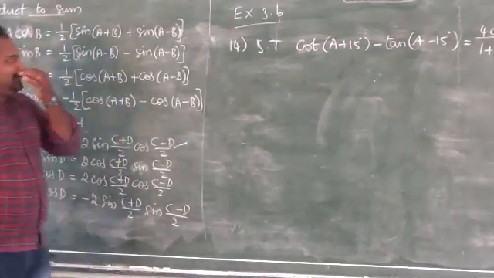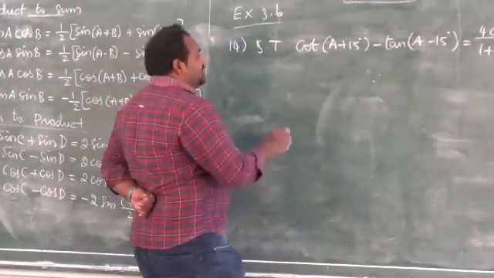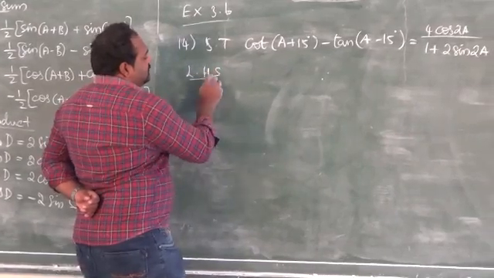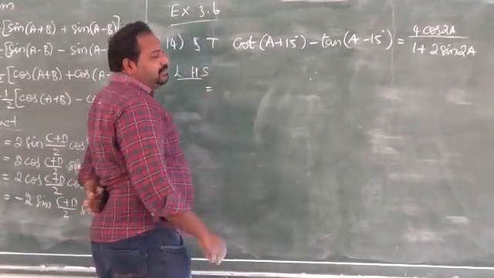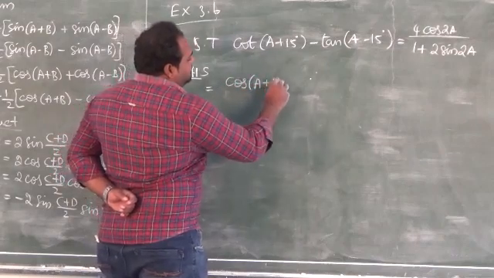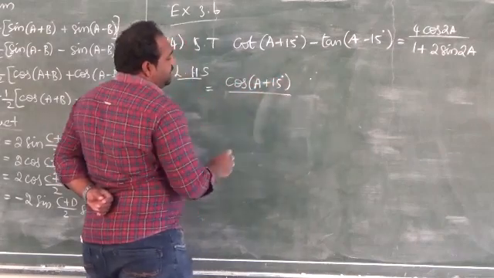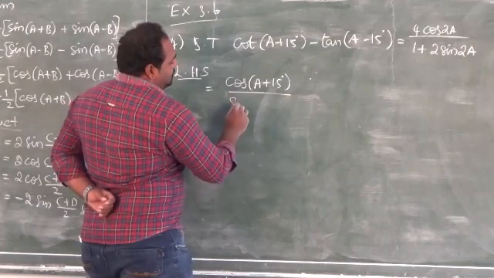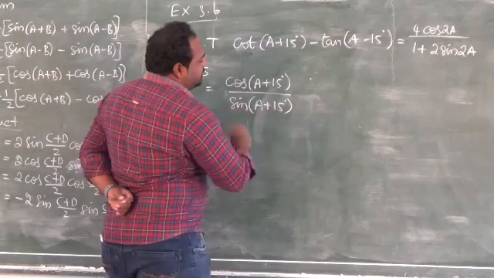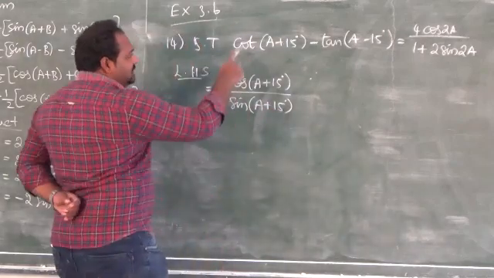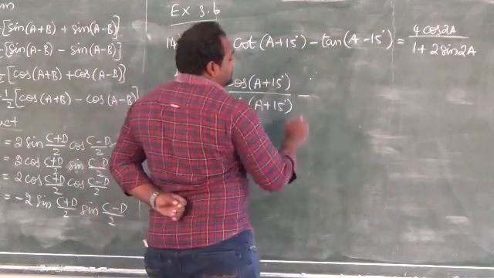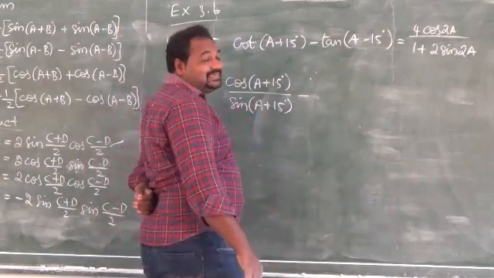Because of that, cot of (a plus 15) can be written as cos of (a plus 15) by sin of (a plus 15). Here cot theta can be written as cos theta by sin theta, as well as tan theta can be written as sin theta by cos theta.